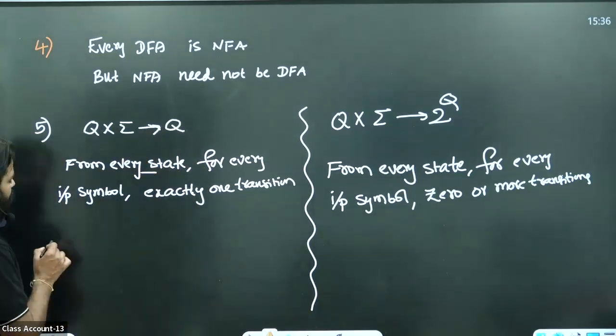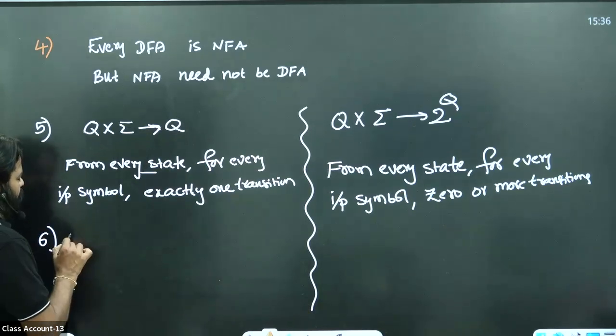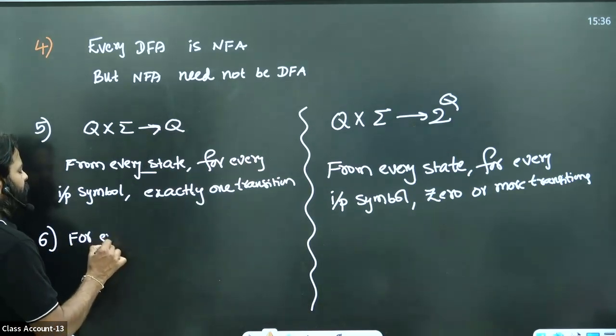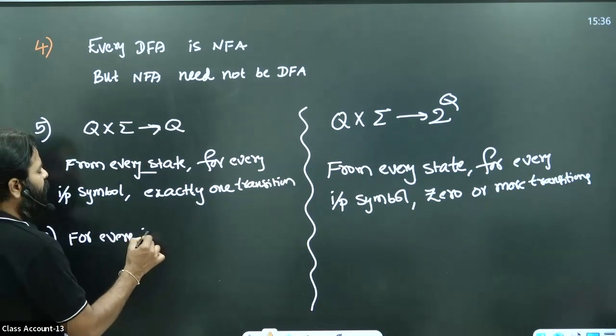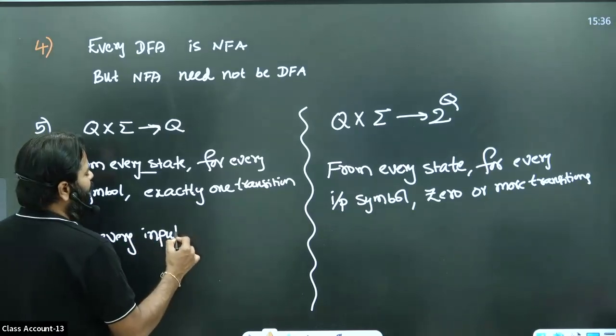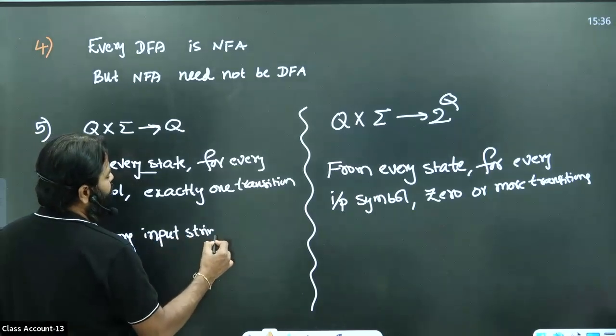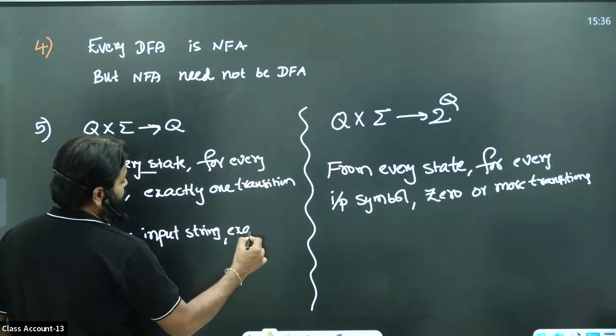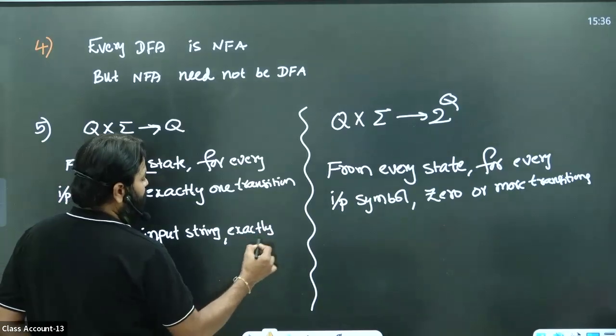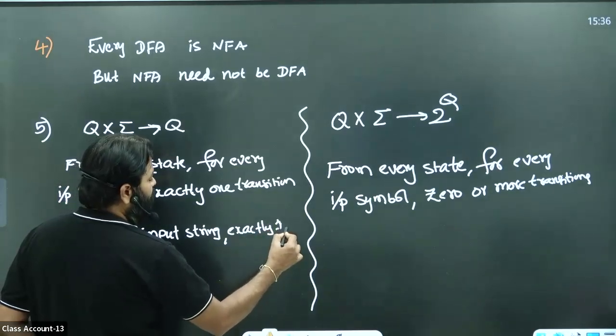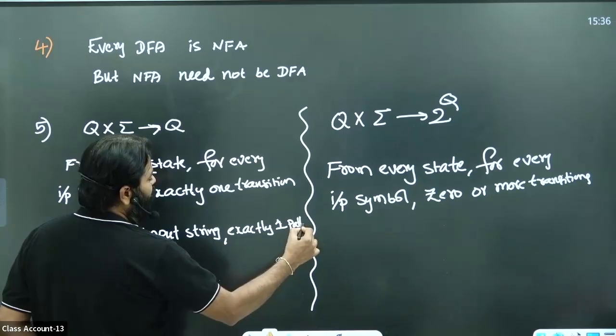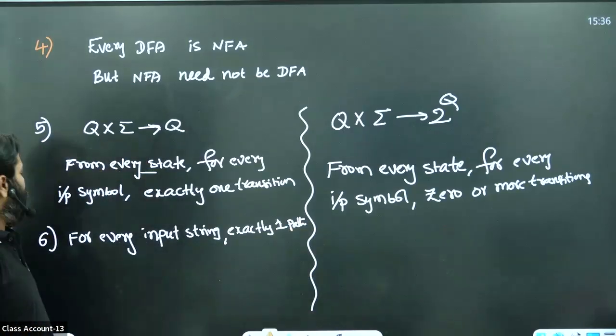Because of this reason, you take any string, and we'll check how to do that. For every input string, this machine will have only one path. Exactly one path will be there. That may go to final or that may go to non-final.